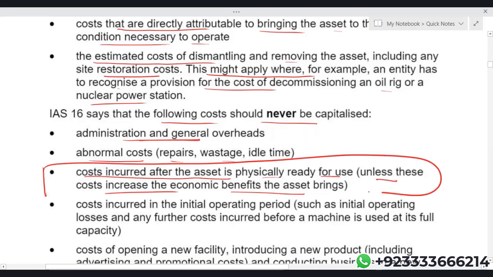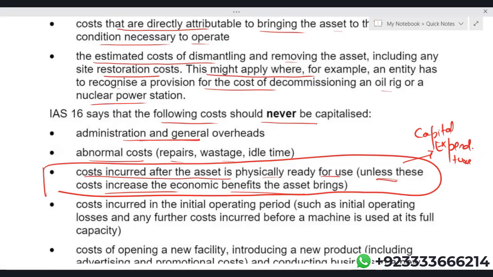Look at this. When it says unless these costs increase the economic benefit of the asset, they are talking about capital expenditure. So if subsequently your company is going to incur capital expenditure, definitely capital expenditure will be capitalized. And capital expenditure does not only mean that it is going to increase the useful life of your asset.